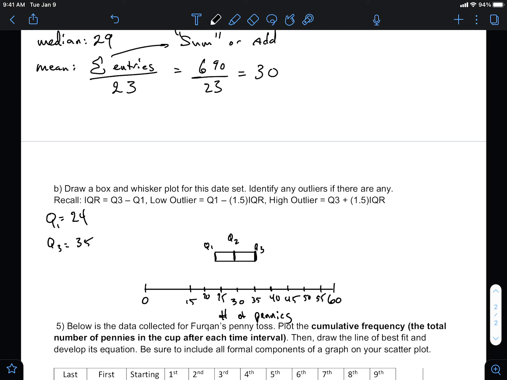Yes, Mark? For Q2, if there's only one in the middle, does it just solo out when you're counting Q1 and Q3?